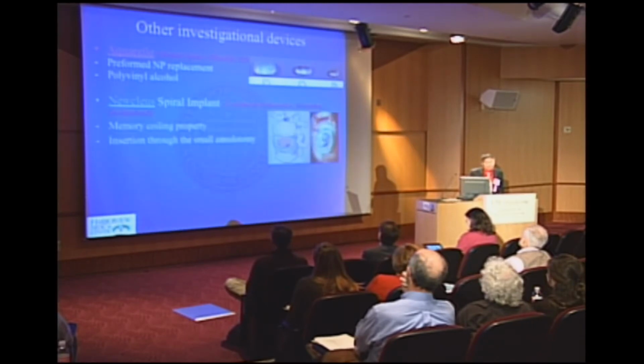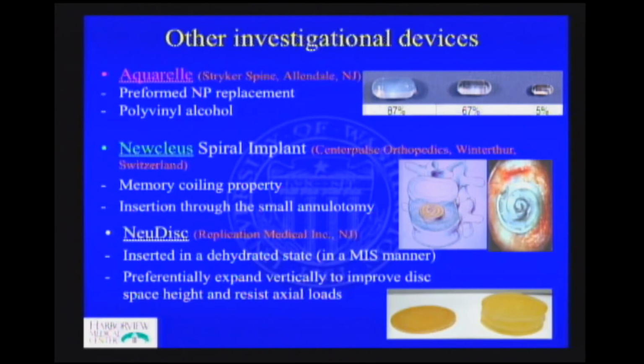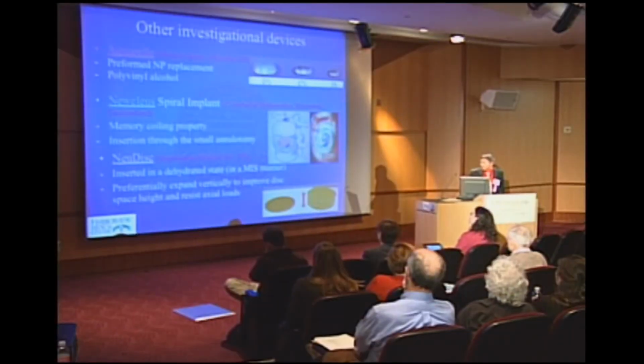Also the Nucleus One, which has a memory coiling property, so you can insert it through a small opening in the annulus, and then it coils up to become functional. And also the NeuDisc, which is inserted in a dehydrated form using a minimally invasive technique, and after absorbing water, it expands vertically so that it increases the disc height.